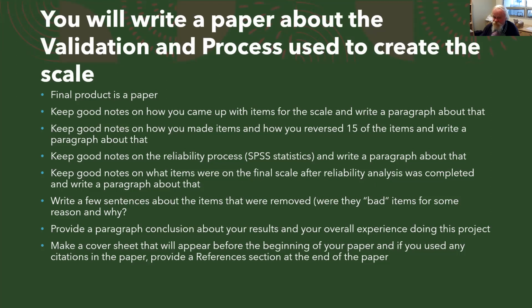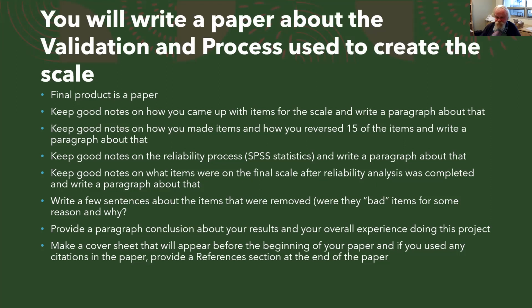And then you're going to write a few sentences about the items that were removed. Why were they bad items, according to the statistical analysis? Were they worded badly, or did people not understand the item that you wrote, right, and how to rate it? Well, these are bad items, and then you'll need to talk about why they were removed.